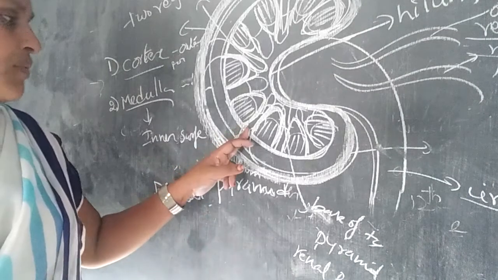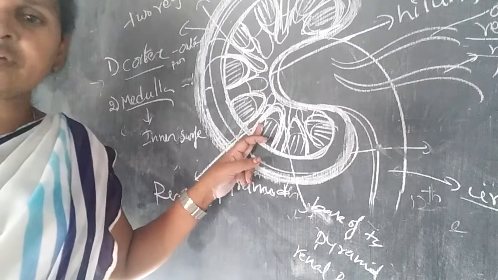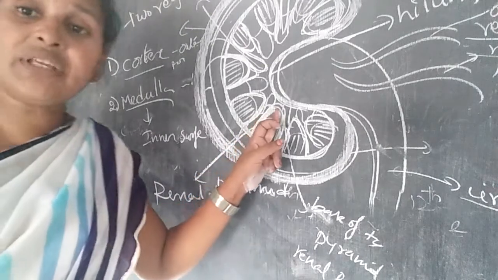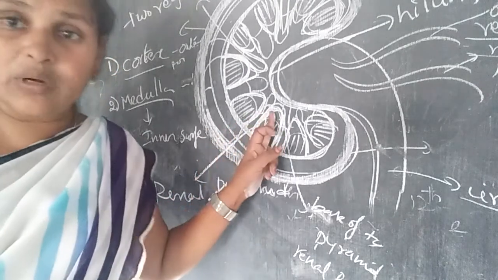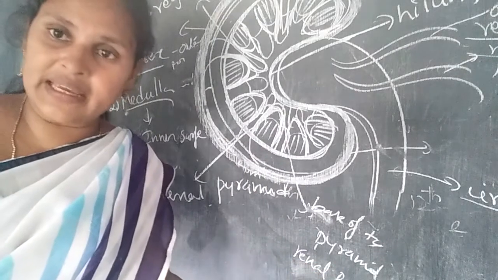So what is a renal pyramid? The medulla has cone-shaped structures, also called the renal pyramids. At the base of the renal pyramid, there is a fusion of cortex and medulla, called the renal papillae.